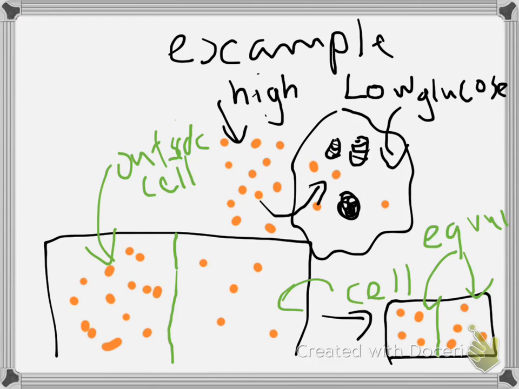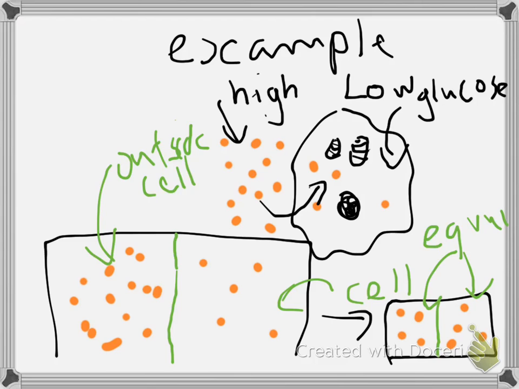What does this mean though? Well, this means that there's a constant stream of glucose from the high to the low until equilibrium is achieved. The outside of the cell is high, the inside of the cell is low, and at the end it's equal on both sides.